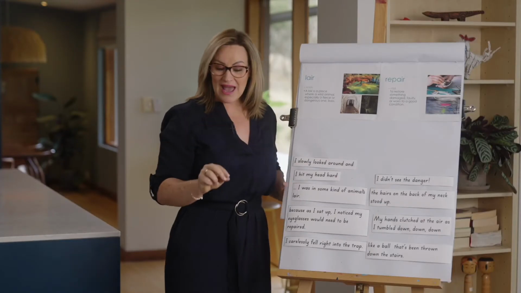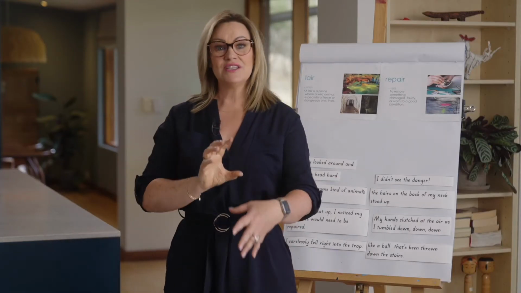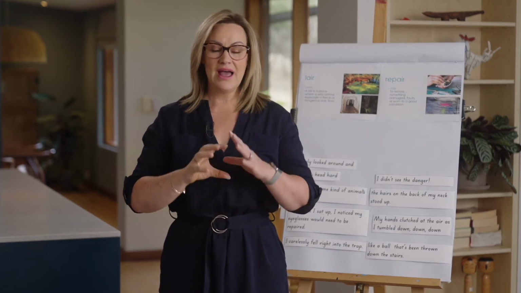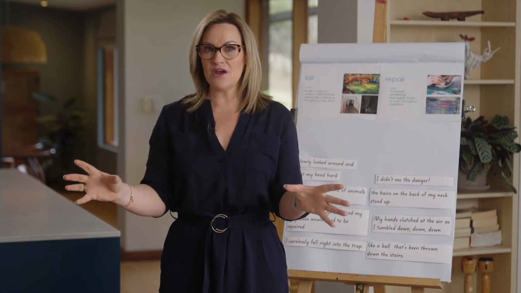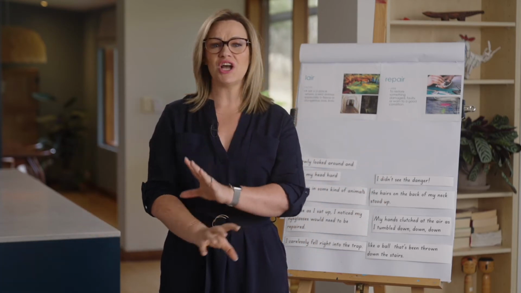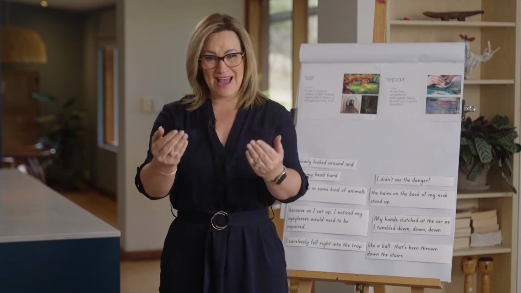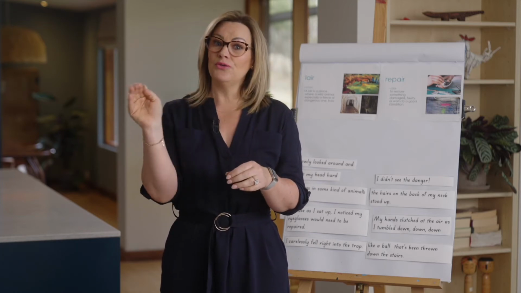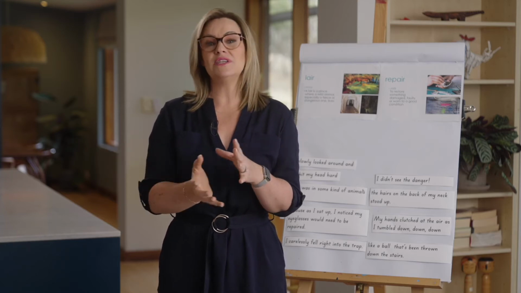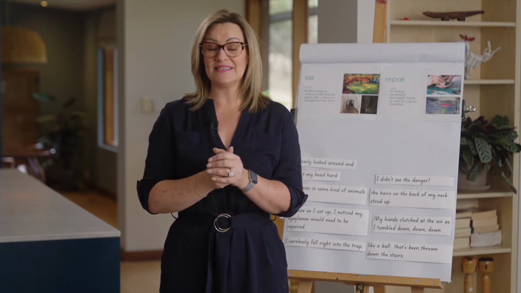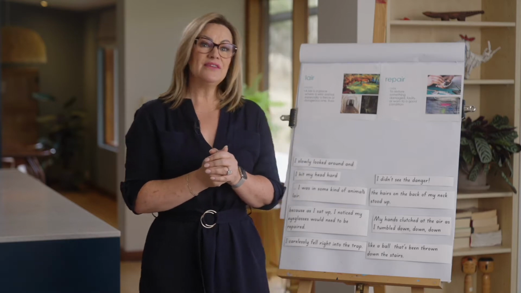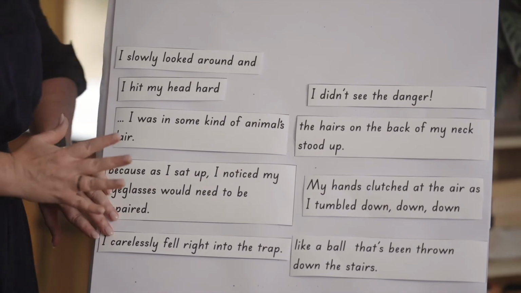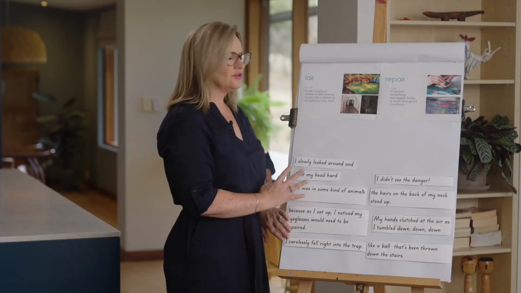Excellent. We are now going on to the second part of our lesson where we are going to have a bit of a story that's all been jumbled up. We have to work out together where we need to put the pieces like a puzzle all together so that this makes sense. So let's have a look over here on our sentences, and some of them are fragments, some of them are not full sentences.